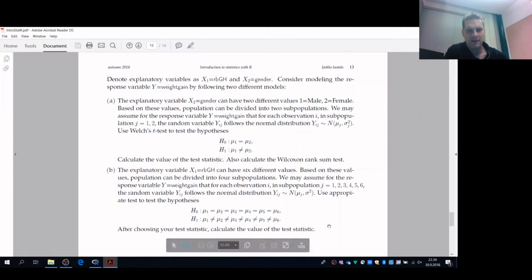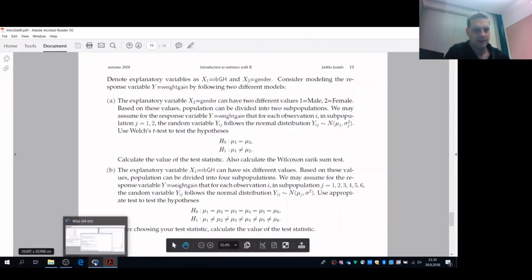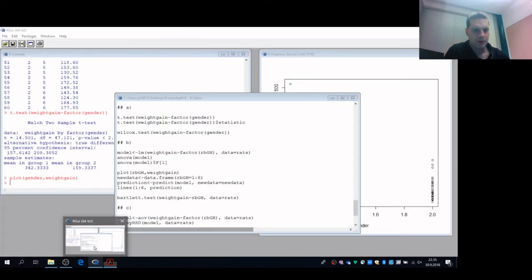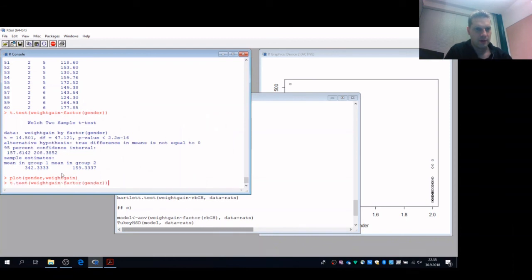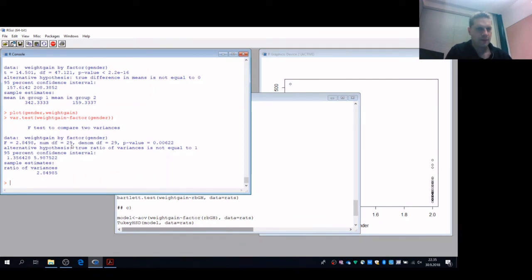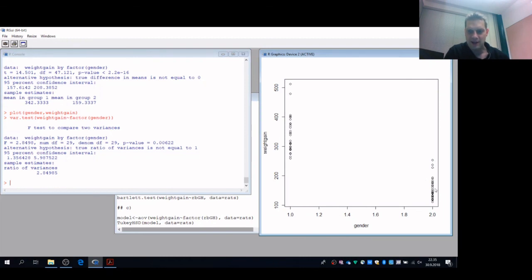distribution. And here we now made an assumption that the variance is actually the same in these subpopulations. So we could actually use the var.test; we can then look if the variances are equal in these subpopulations, and they are not really.